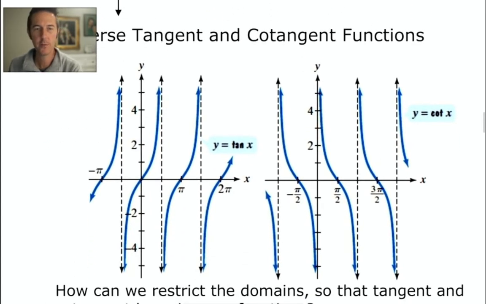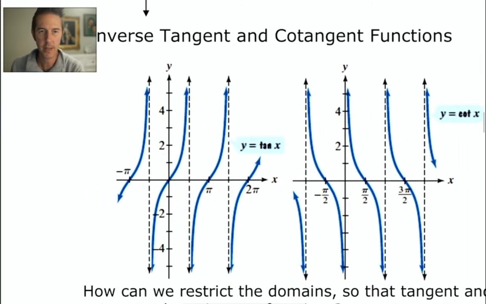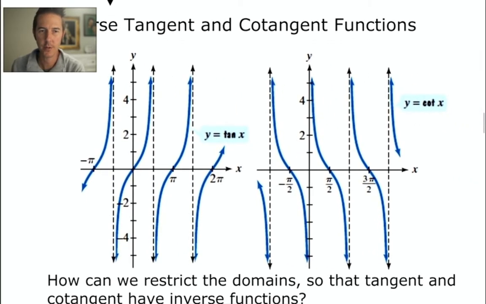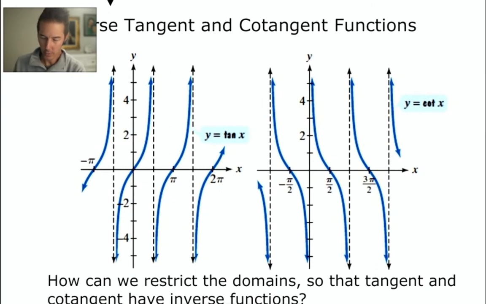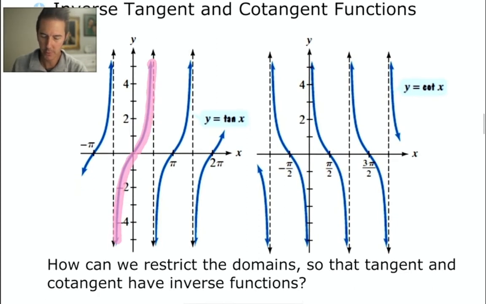But first, let's talk about the inverse tangent and cotangent functions. What you're looking at here are the tangent and cotangent functions, not the inverses. The part of these graphs that we're going to focus on, when we restrict the domain, is this part of the tangent function that goes from negative pi over 2 to pi over 2.